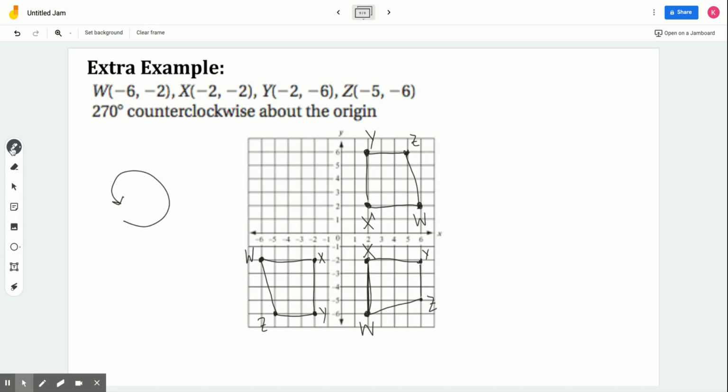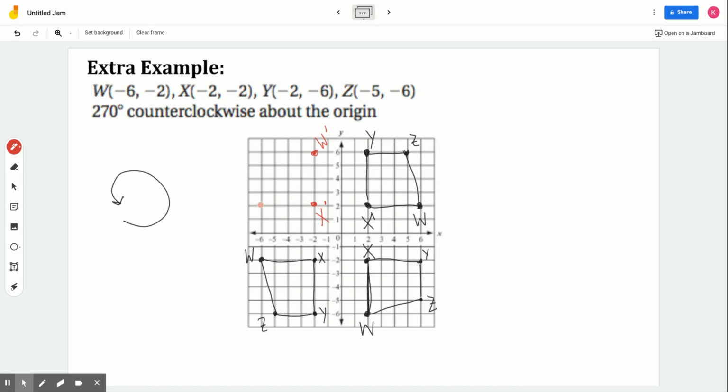Now I'm going to go one final time to end up with the 270 degrees. So 2, 2 goes to -2, 2. So this will be my final image of x, x prime. Then 6, 2 goes to -2, 6, w prime.